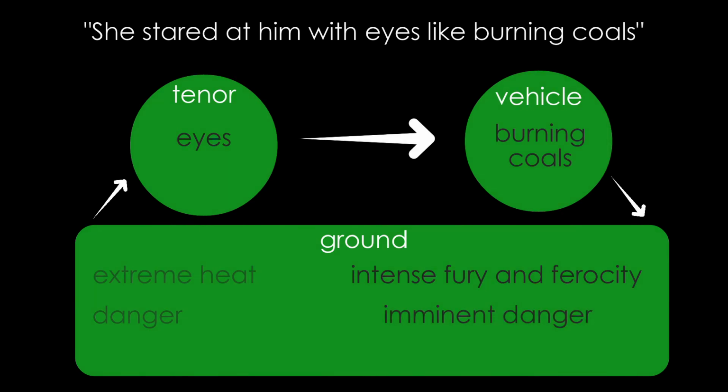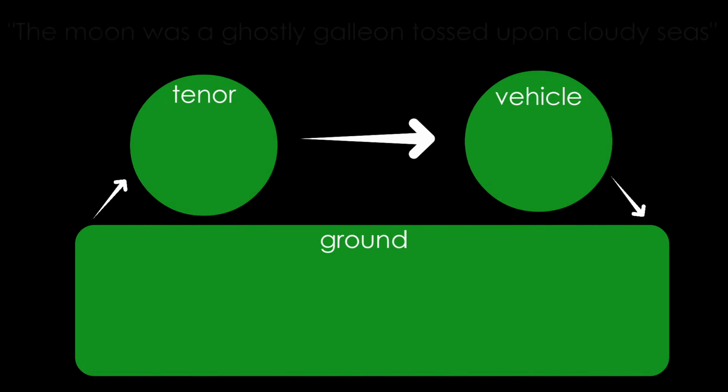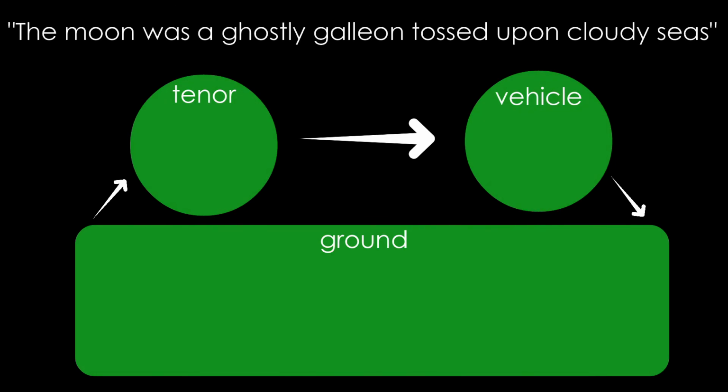Let's look at a slightly more complex metaphor. This is the second line of Alfred Noyes' 1906 poem, The Highwayman. We already know from the first line that it is a very windy night. He continues, "The moon was a ghostly galleon, tossed upon cloudy seas."